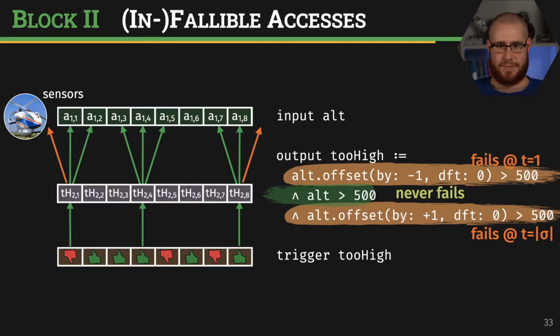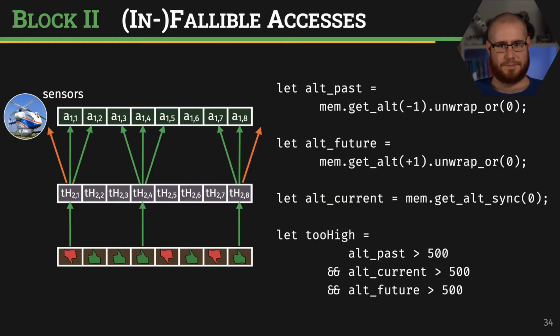If we do not use this information, then we would get a naive implementation like this. Here, when we access the past value of the altitude, we try to access the respective value in the memory, here with the get altitude function, and this value is maybe there. We don't know it. And to decide this dynamically, we have to use something like the unwrap OR function, which says if the value is here, we take it, otherwise we take 0.